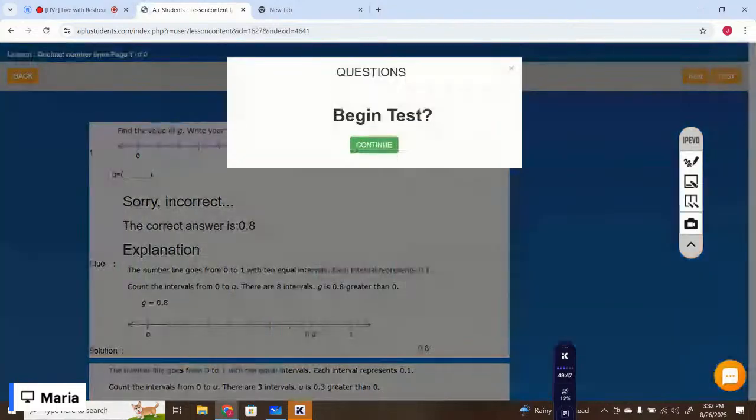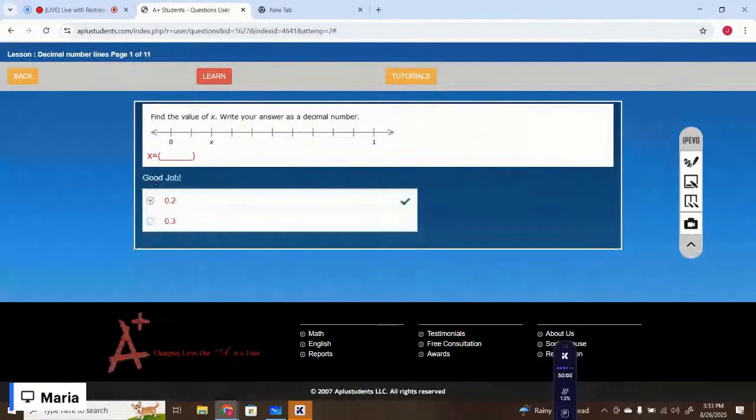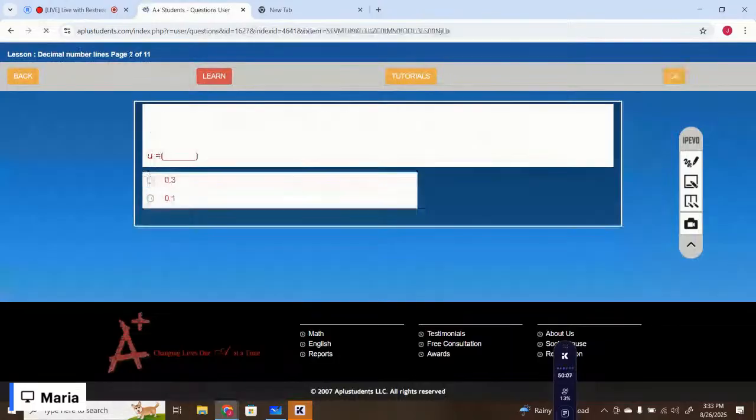So between 0 and 1, we have 10 small lines that represent the decimals between them, right? Find the value of x. So that is 1, 2, that is 0.2. Option number 1 is the correct option. Find the value of u. So which is the correct option?